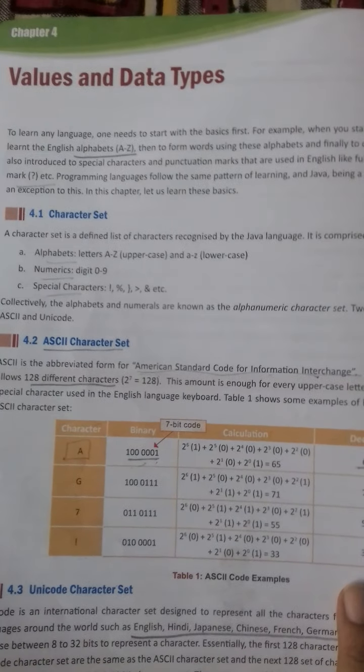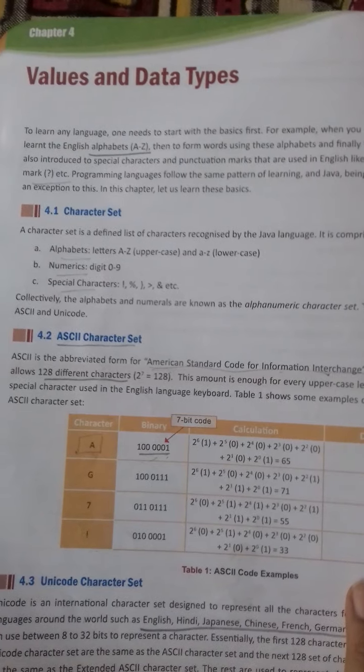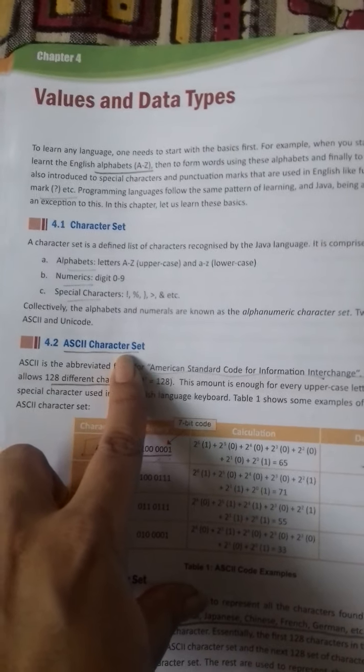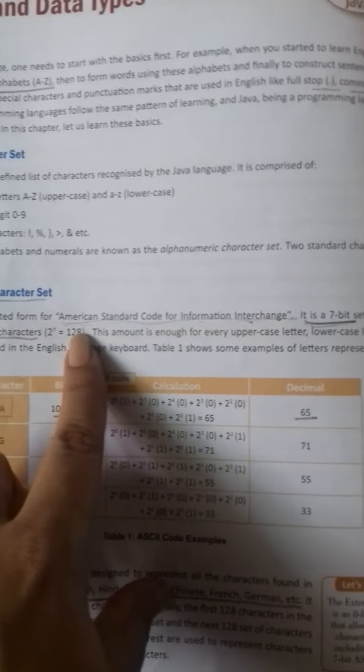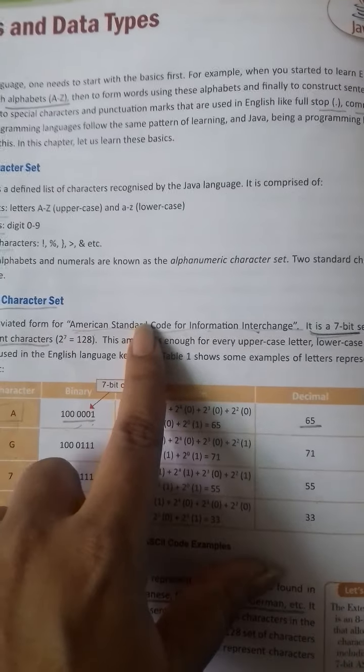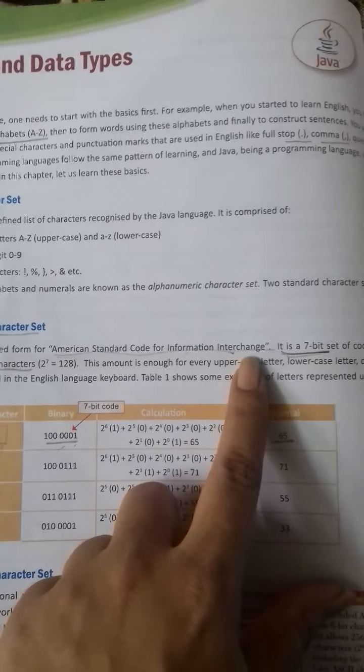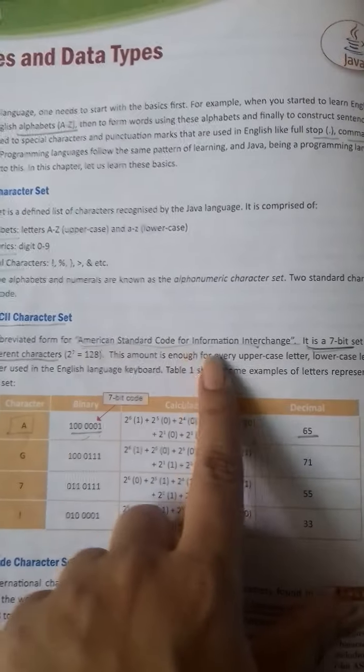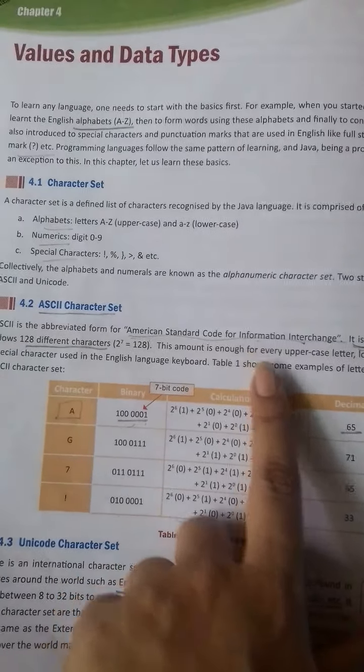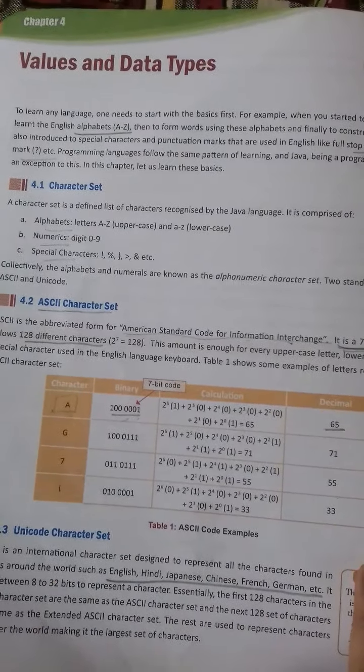So what are the character sets for object oriented programming? Very first is the ASCII character set. ASCII stands for American Standard Code for Information Interchange. It is a special character set which an object oriented language like Java follows.